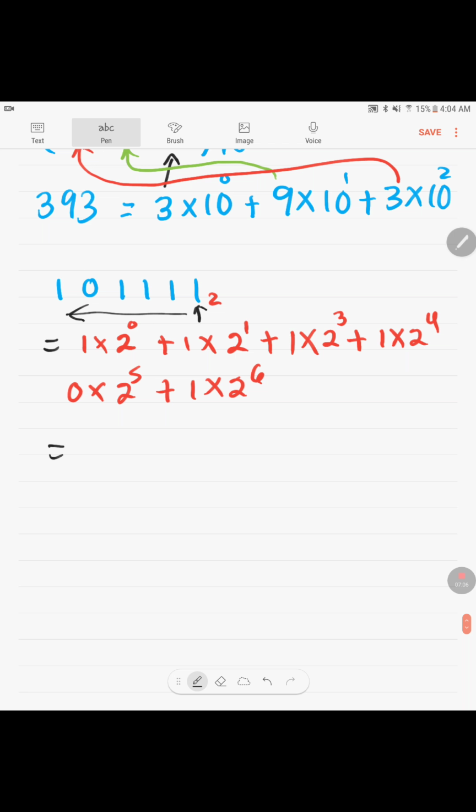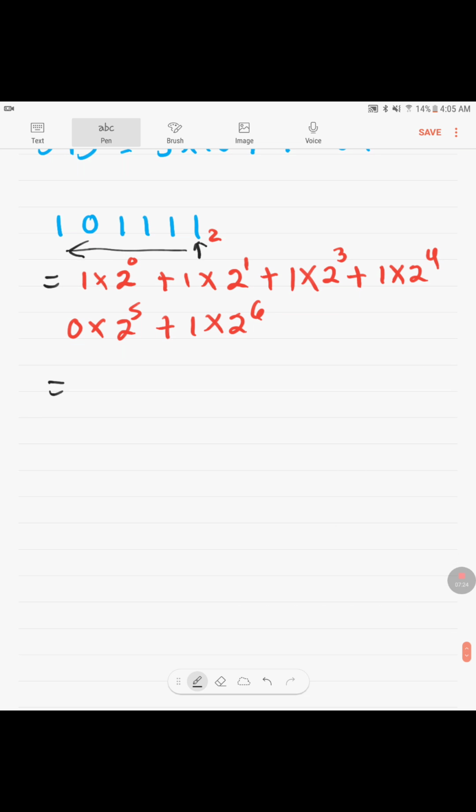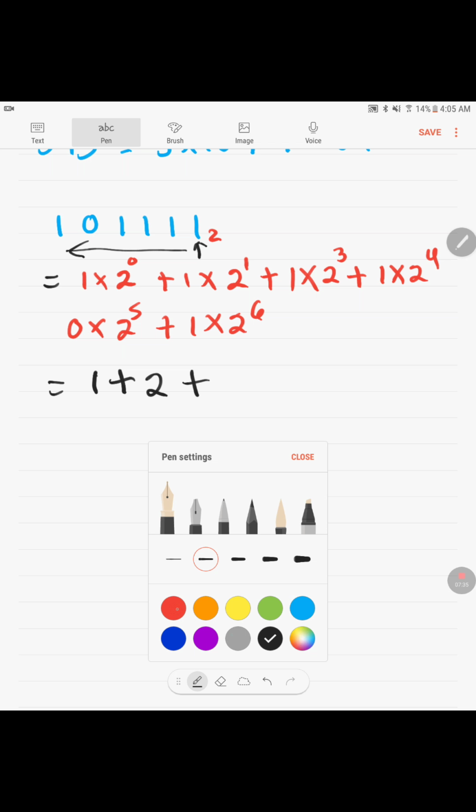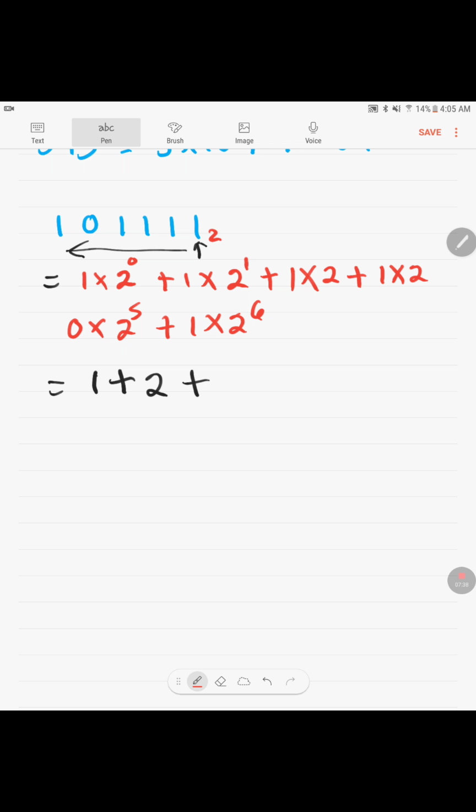If we add all of this, we'll get the number in the decimal system. DC in physics actually means 10, so decimal is a base 10 system. So we'll get 1 plus 2 plus, no, I see a mistake. So it's 2, 3, 4, and a 5.